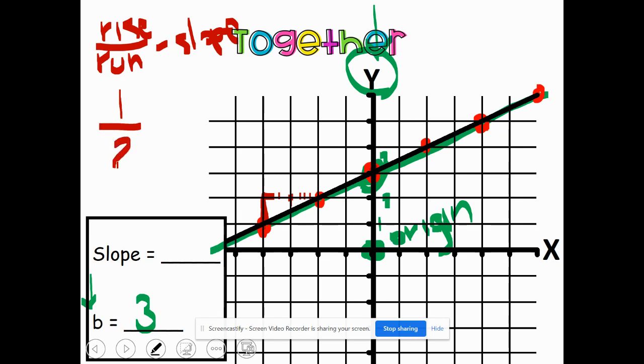So my run is 2. Again, I rise up 1 and run over 2.